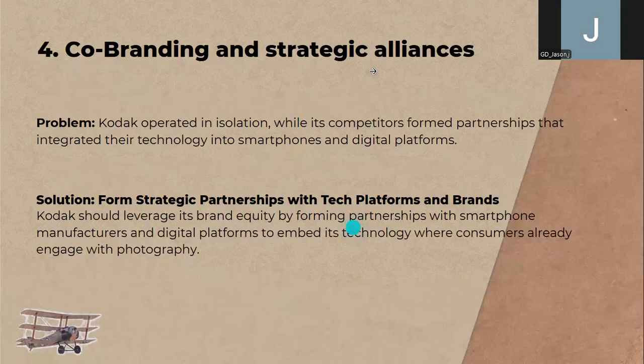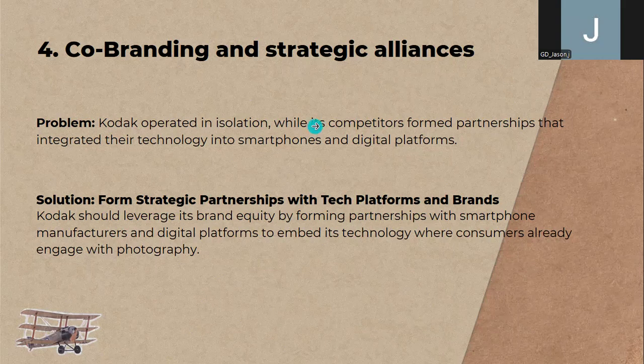And then the fourth problem is co-branding and strategic alliances. Kodak operated in isolation while its competitors formed partnerships that integrated their technology into smartphones and digital platforms. And the solution being to form strategic partnerships with tech platforms and brands. Kodak should leverage its brand equity by forming partnerships with smartphone manufacturers and digital platforms to embed its technology where consumers already engage with photography.